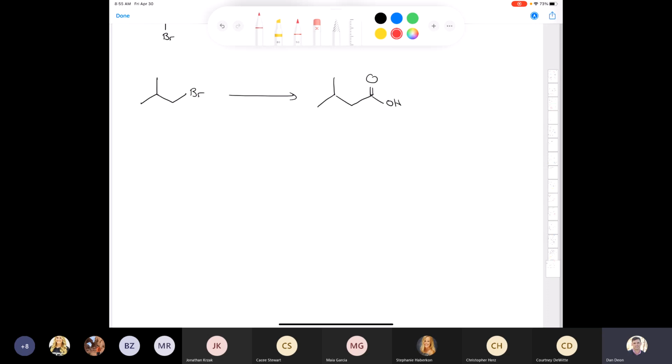In organic chemistry 2, you learn Avogadro's number of ways of making carboxylic acids. It's probably the longest chapter you ever do in organic chemistry, the carboxylic acids chapter. Very long chapter, piles and piles of reactions, more than double the reactions that we see in one chapter in this class.